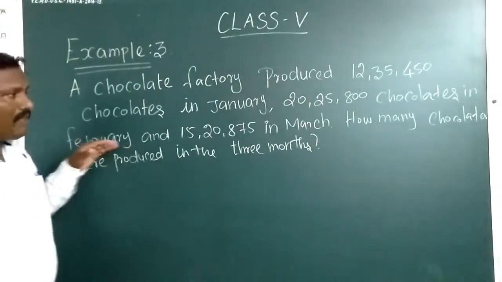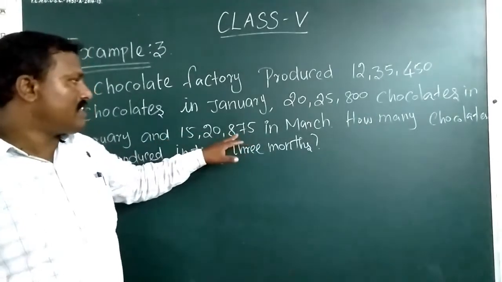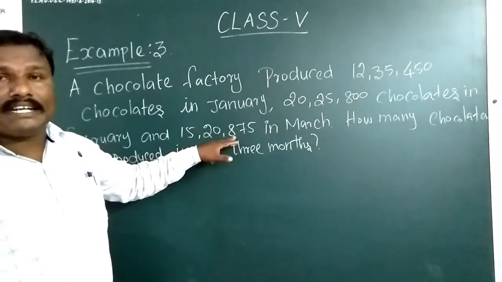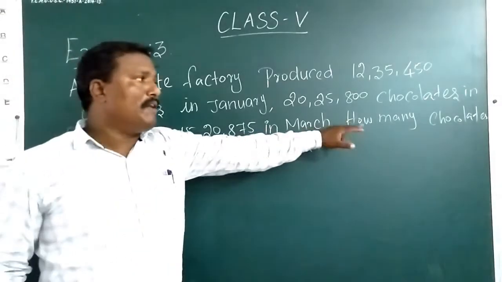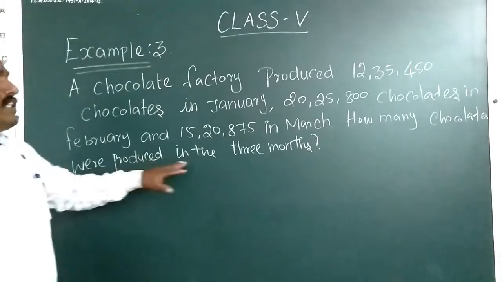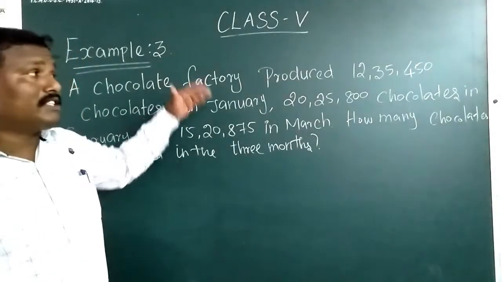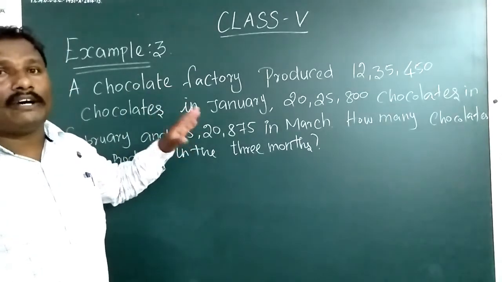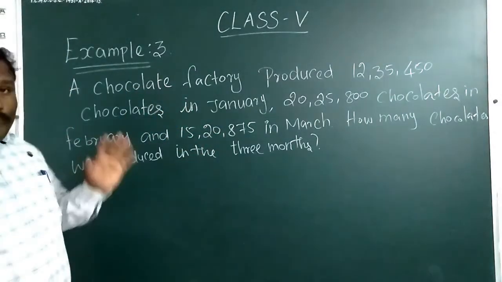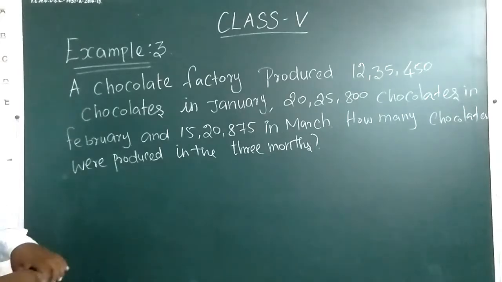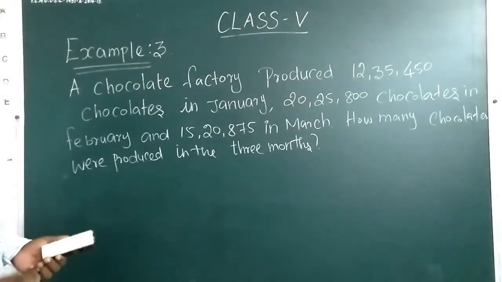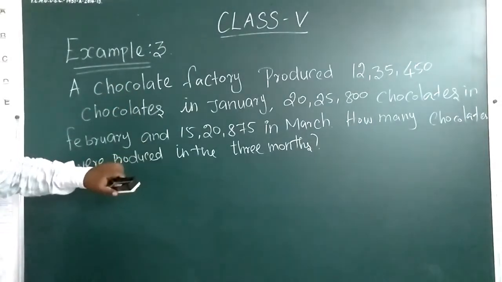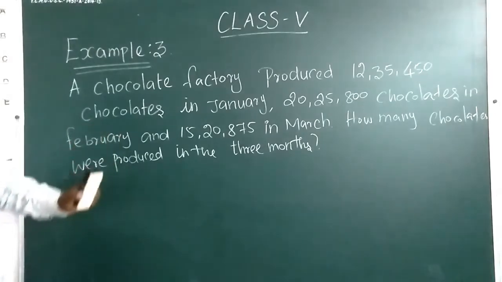In the month of March, 15 lakhs 20,875 chocolates. How many chocolates were produced in the 3 months? We want to find the total number of chocolates. It's addition because they want to know the 3-month total, so we need to add.